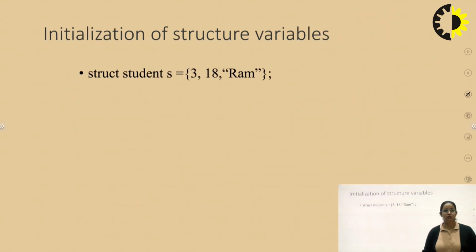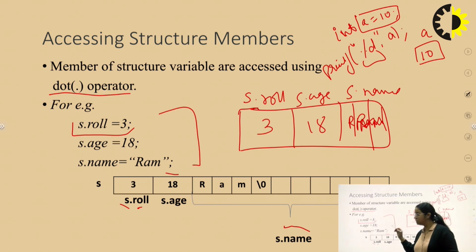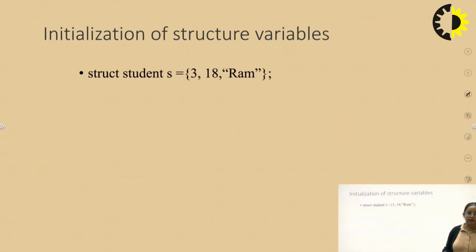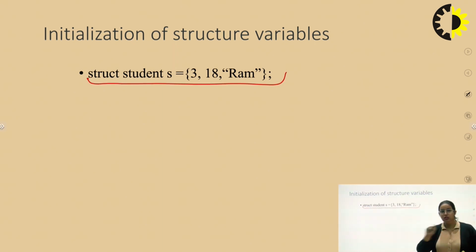Now the second thing is how we initialize the structure variables. One type that I have told you is that we can initialize the values individually, one by one, like S dot roll number, then the second field, then the third field. The second type is that you can initialize the values in a single statement, like this. If you compare this with the array, you can easily relate it.